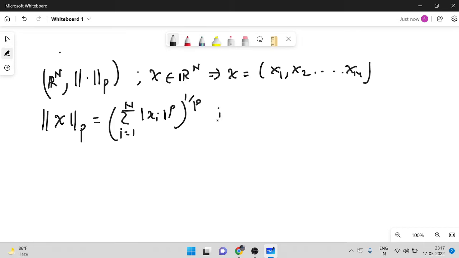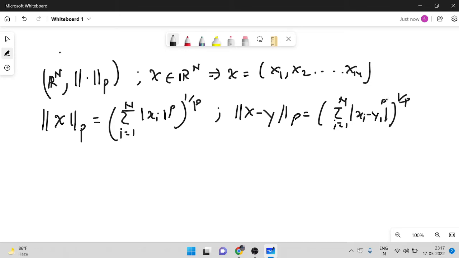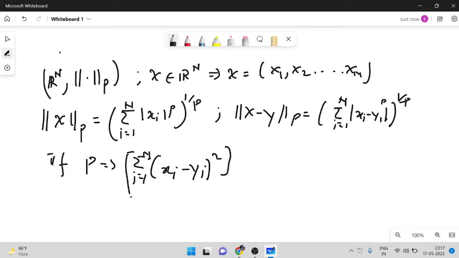The distance between x and y in Rn is the sum over i equals 1 to n of mod xi minus yi whole power p, whole power 1 by p. If p is 2, this is something called Euclidean distance, something that you have heard of. It is basically the sum of xi minus yi whole square, whole power half.